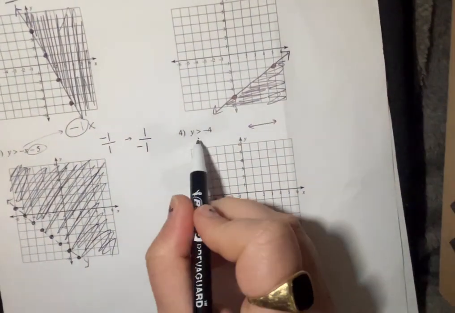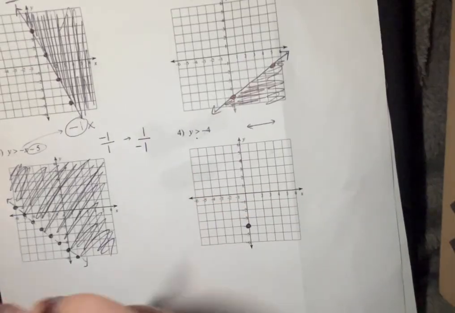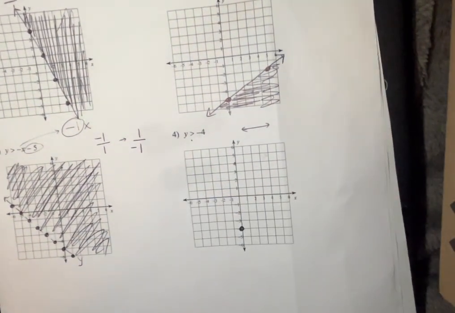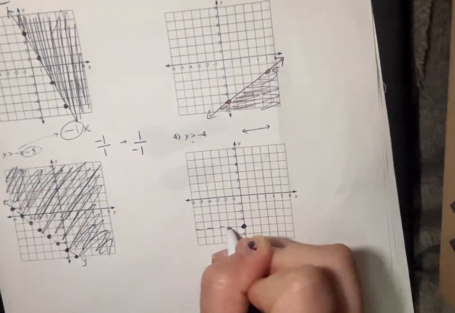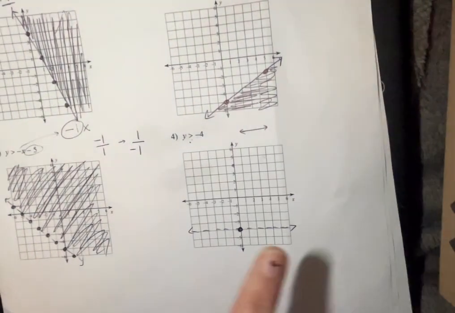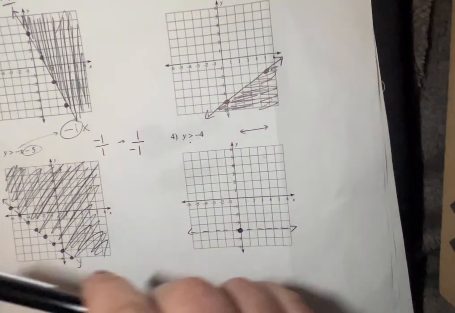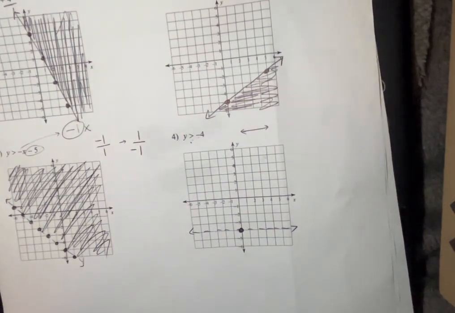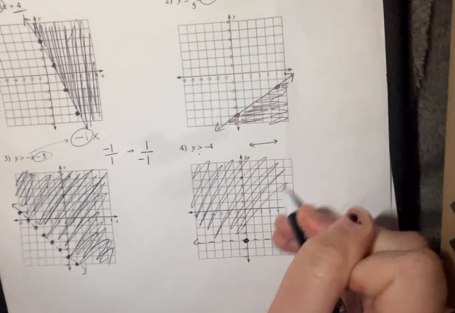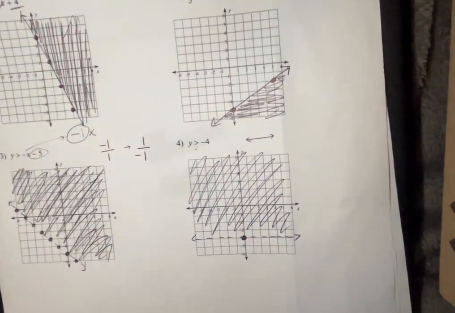And it's going to be a dotted line because there's no equal symbol under it. So it's a dotted horizontal line. And this is going to be greater than, and there's no real big thinking here. I know over here might have been a little bit difficult to know where to shade, but a greater than is going to go above it. So we're just going to shade above this dotted line. And you are done.